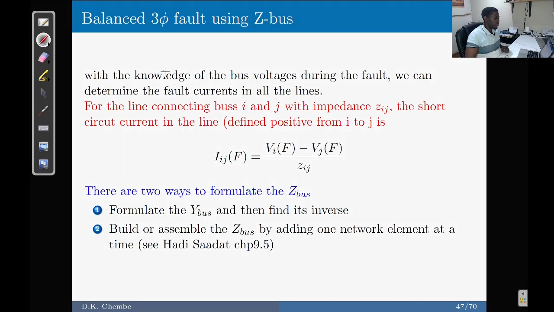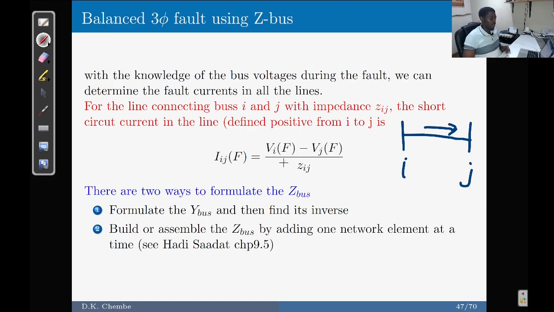So we're looking at two buses, bus I and bus J, and you're looking at the current flowing from bus I to J, which is defined as a positive current in this case. Similar to node voltage analysis, the current is flowing from a higher potential to a lower potential over the resistance, in this case over the impedance.